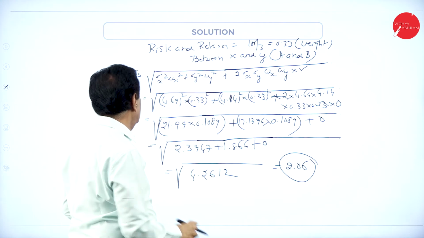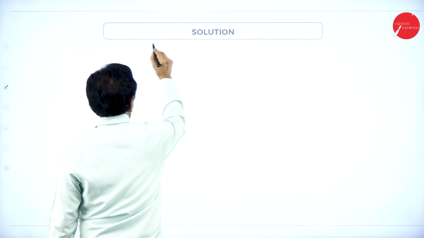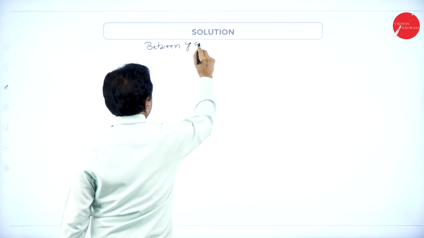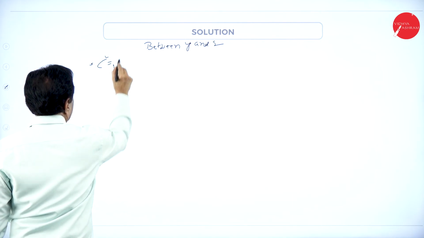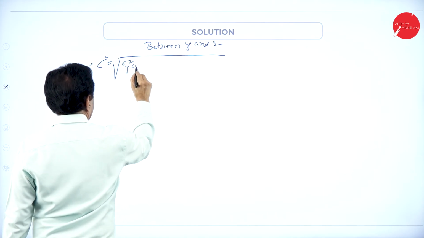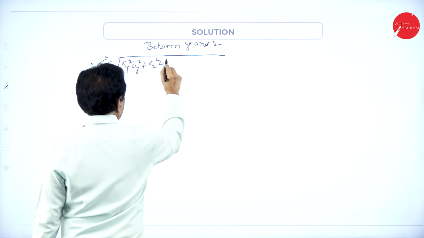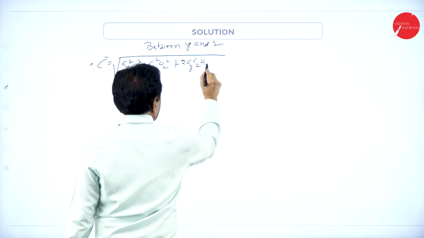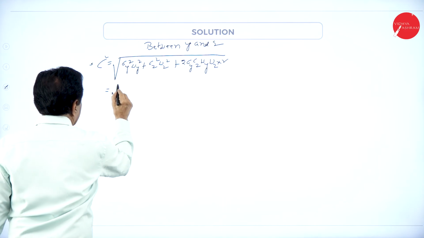Then another we can do. Then between Y and Z. Standard deviation Y square, WY square, plus standard deviation Z square, WZ square, plus 2 into R, is equal to root of.